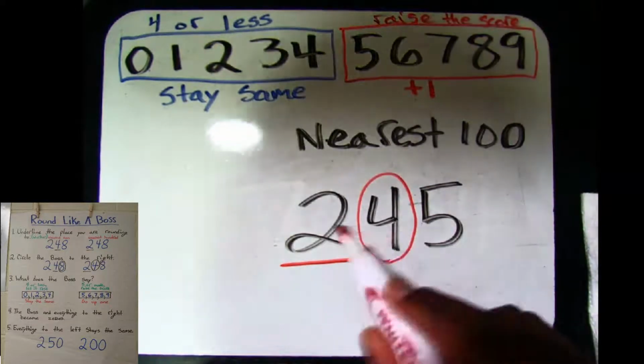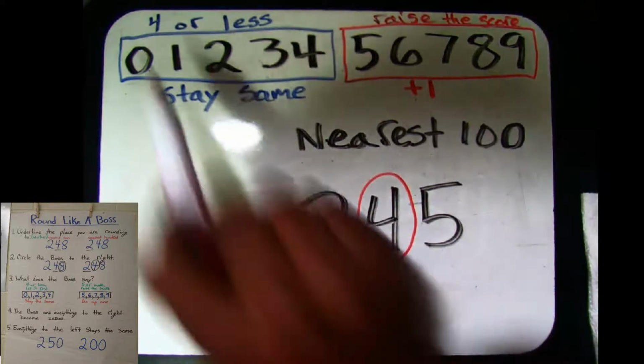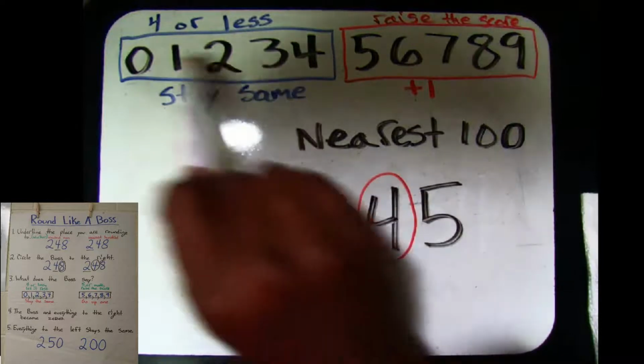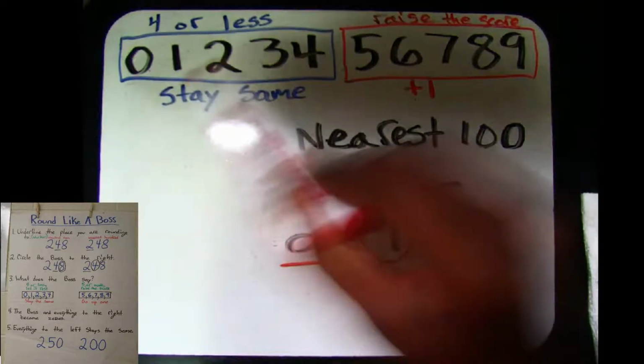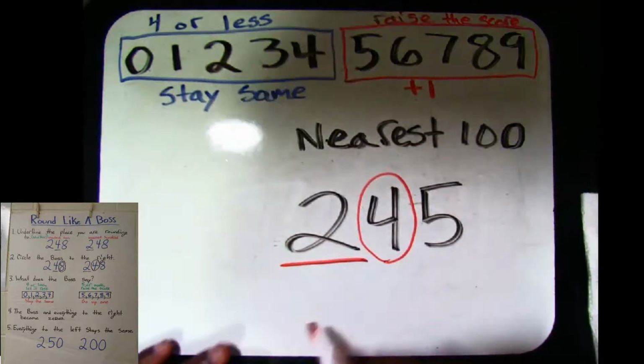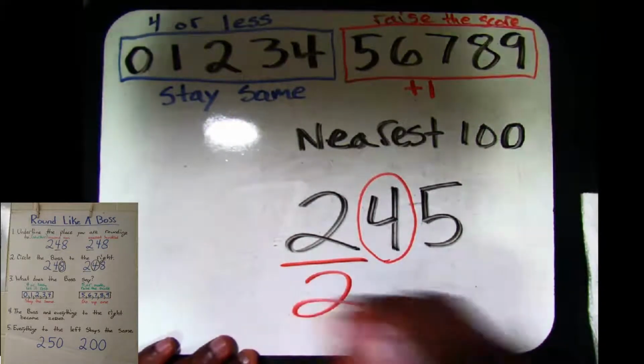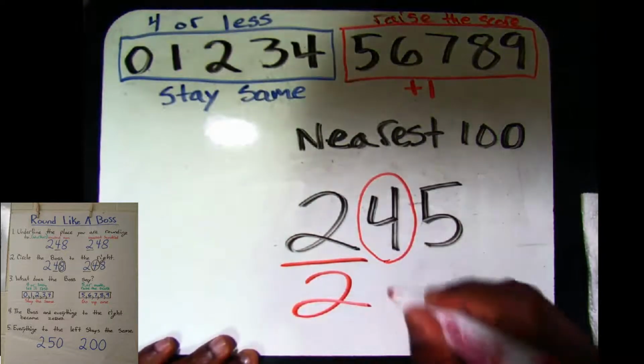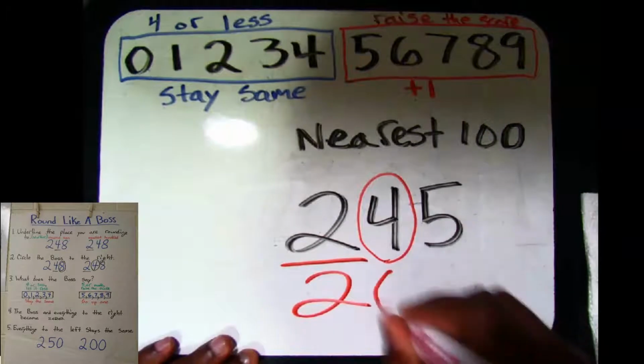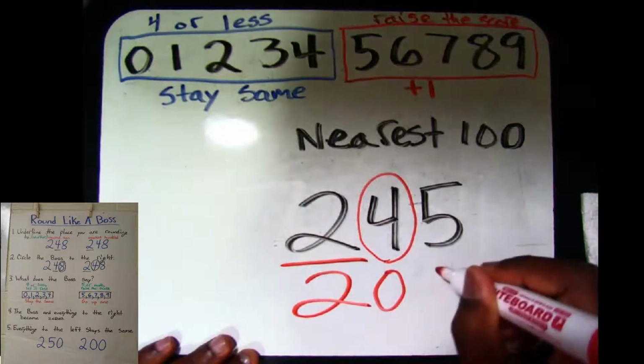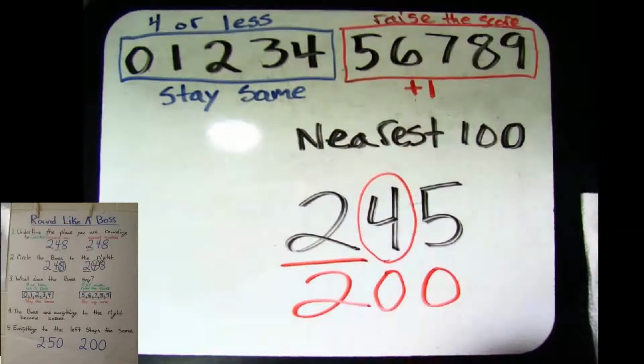So what does the 4 tell the 2 to do? If we look up here, it is in the 4 or less, so it's going to tell that 2 to stay the same. The boss is going to become a 0, so that 4 is going to become a 0, and that 5 is going to become a 0. So 245 is going to round to 200.